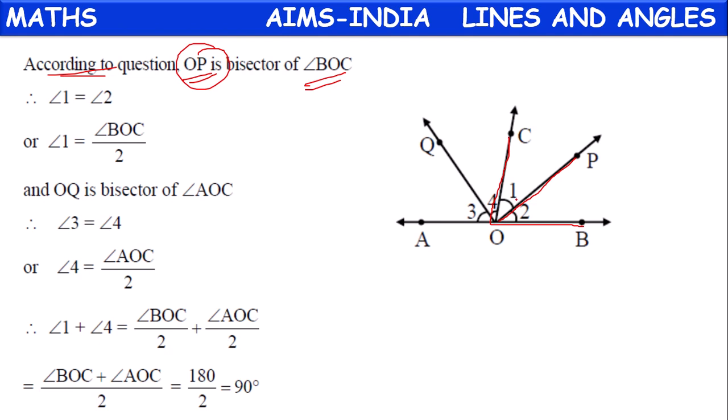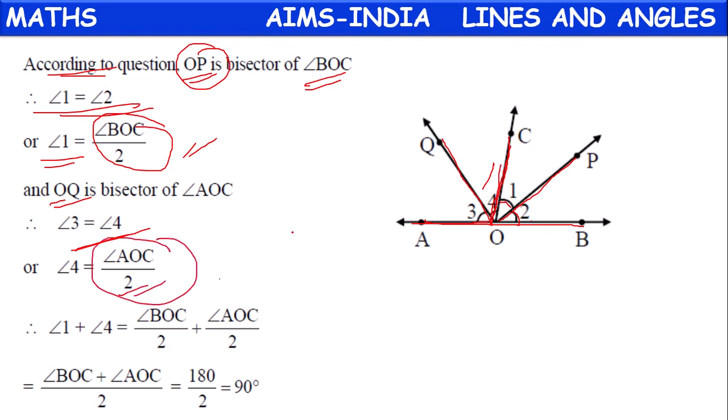So this BOC angle is bisected by OP, so these two will be equal. Angle 1 equal to angle 2, so angle 1 equal to BOC by 2. And OQ is the bisector of AOC, so 3 equal to 4. Then angle 4 equal to AOC by 2.